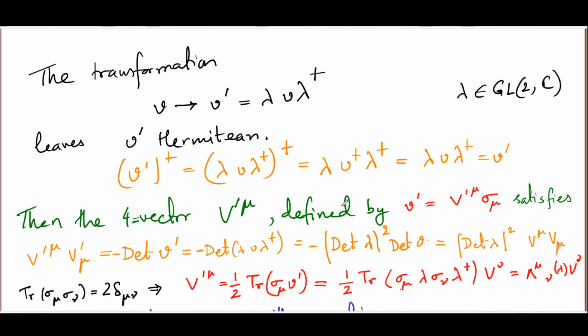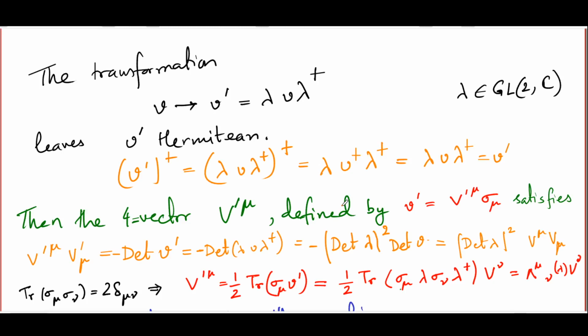Now, since trace of sigma mu can be easily shown to be twice delta mu nu, it is easy to see that we can directly write down V prime mu in terms of the original components we knew simply by taking the trace of sigma mu times V prime and halving that.